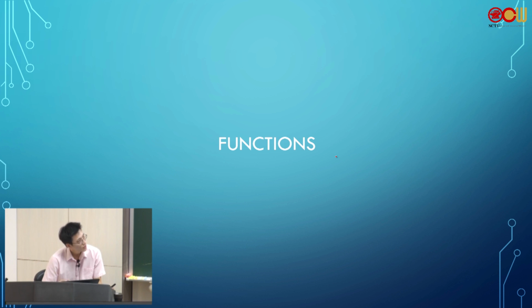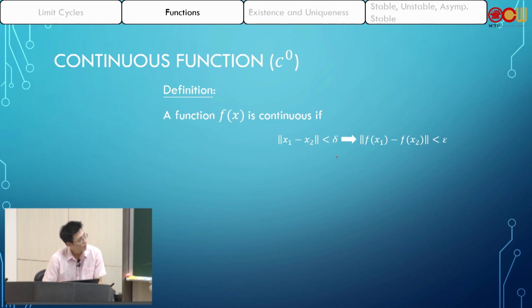So next, functions. Function is more important. So why do we talk about functions? Imagine that for a nonlinear system like this, we can solve for the solution, right? C depends on the initial condition.